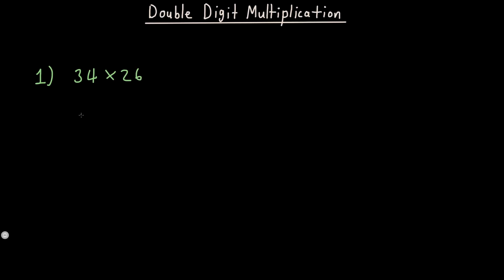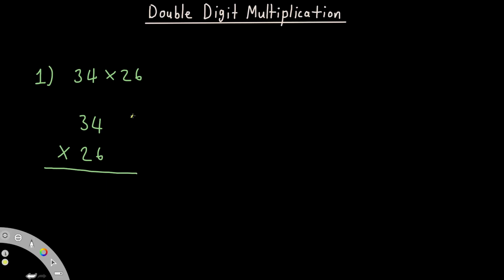The first thing we're going to do is rewrite the problem in this format. And for explanation purposes, we're going to refer to this number as the top number and this number as the bottom number.